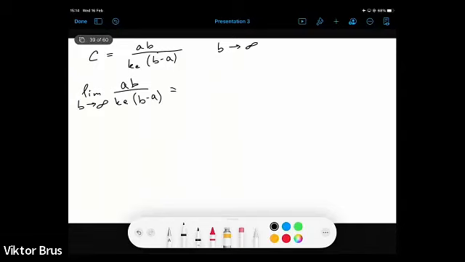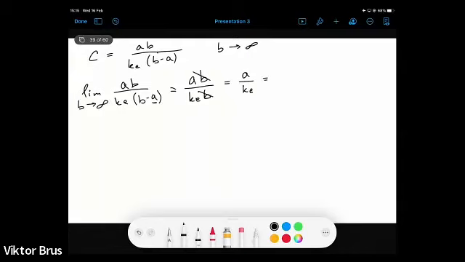Then we can neglect A in comparison to B, because B is approaching a very large value. So then we will get A times B over Ke times B, cancel out B, and eventually get A divided by Ke.